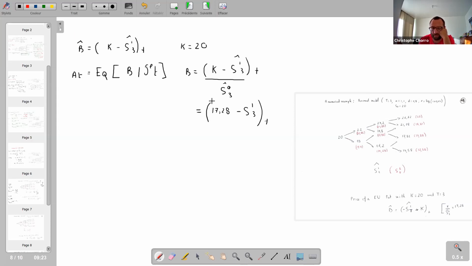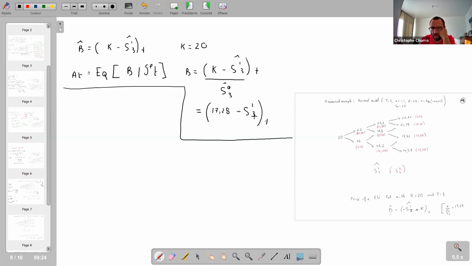Okay, so I can do a tree in order to price this contingent claim, that is, in order to find this A₀. So here I have a contingent claim that depends only on the final value of my risky assets. In this model, I can only take 4 final values for the risky asset.